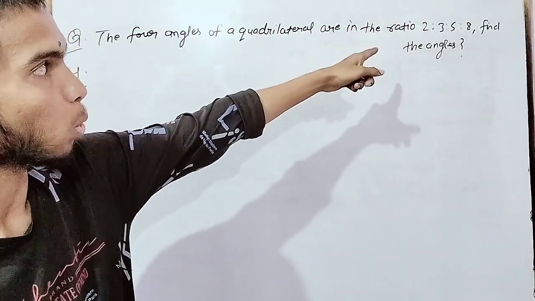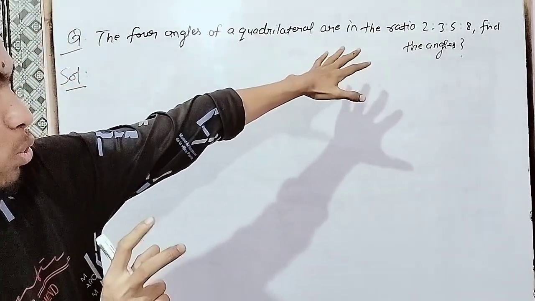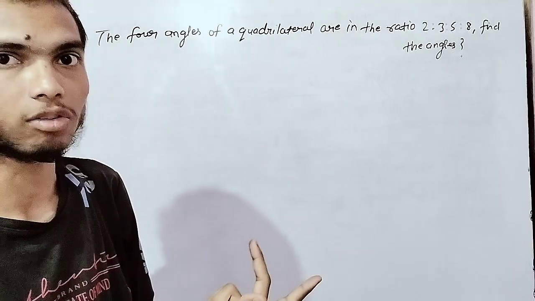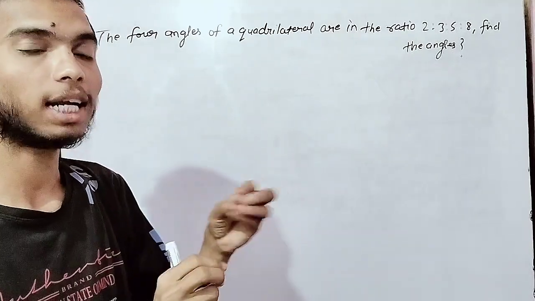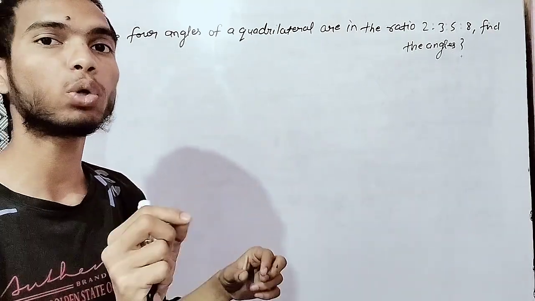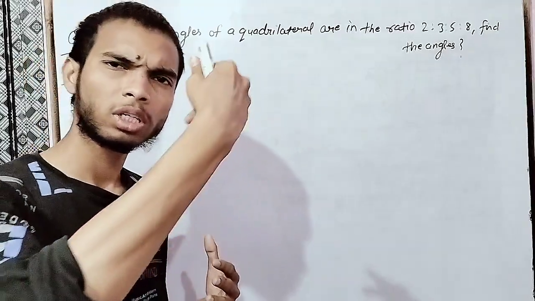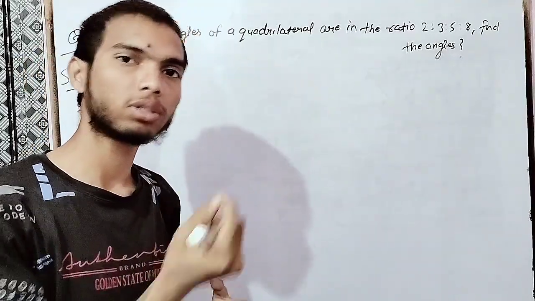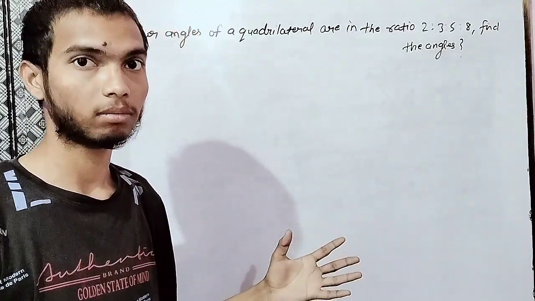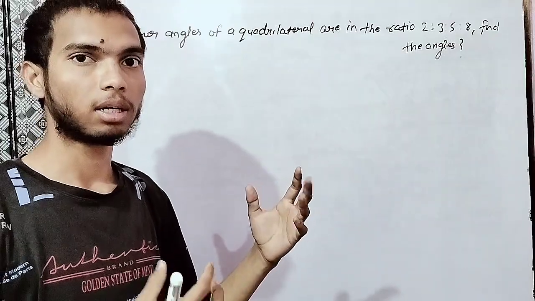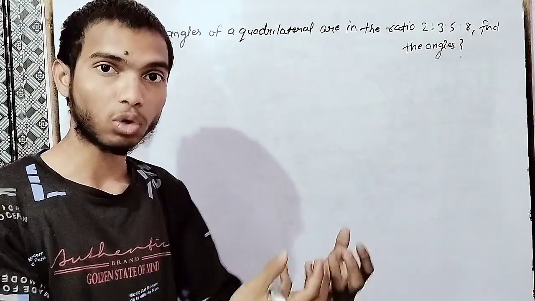Here we have a ratio, which is the lowest value of the angles.